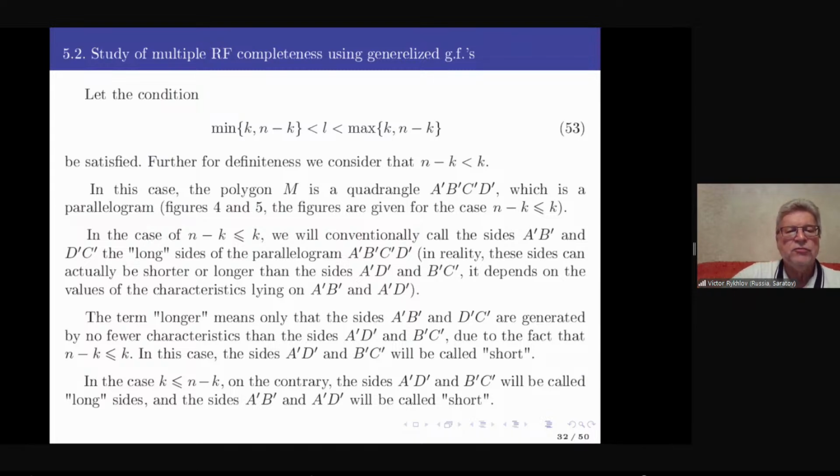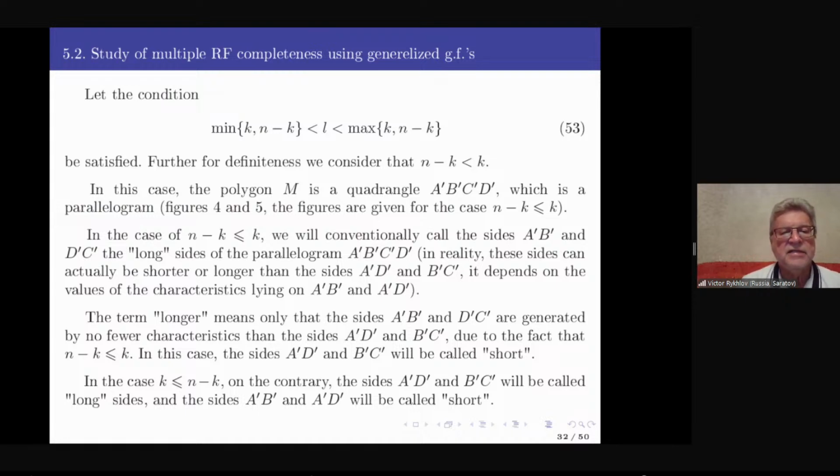Study of multiple root function completeness using generalized generating functions. Let the condition 53 be satisfied. Further, for definiteness, we consider n minus k less than k.